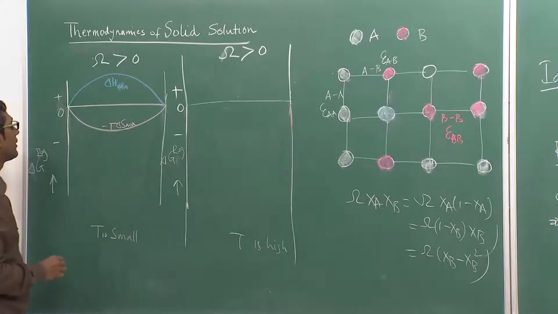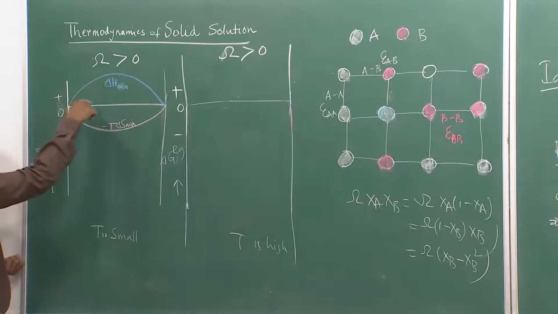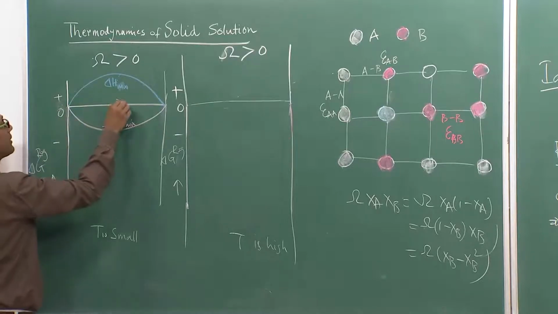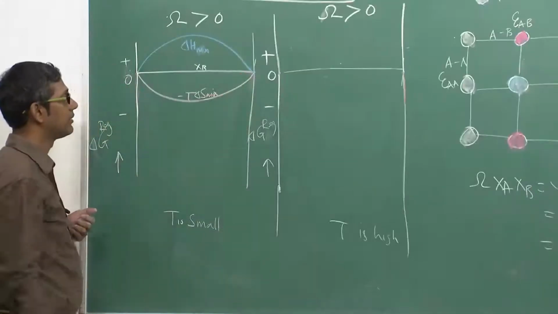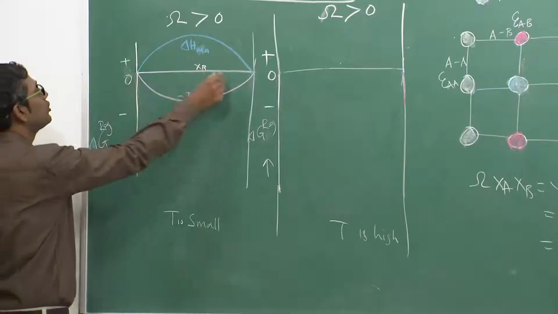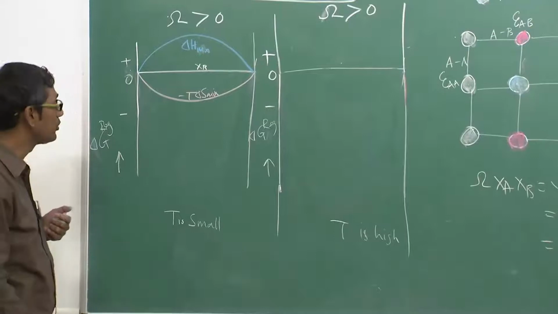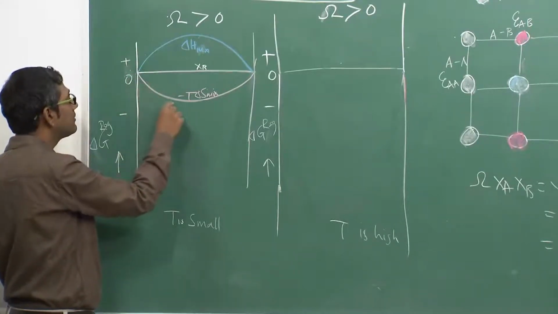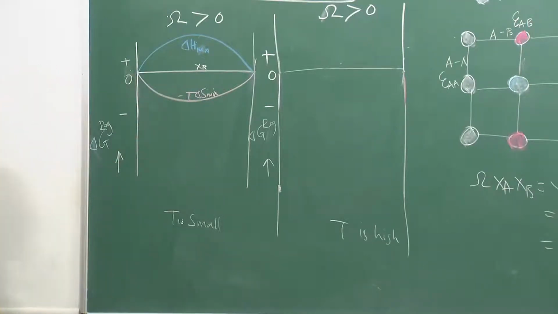So, what will happen then to delta G mix? That is where the interesting situation comes, because delta G mix is the summation of these two, one is positive, the other is negative. As you see here, this is a function of XB. When XB is small or XB is very high, in these two zones, the values of delta H mix and T delta S mix are almost similar.